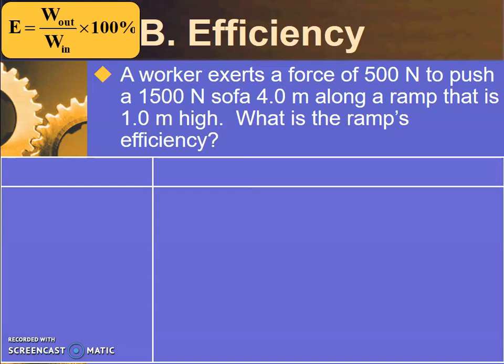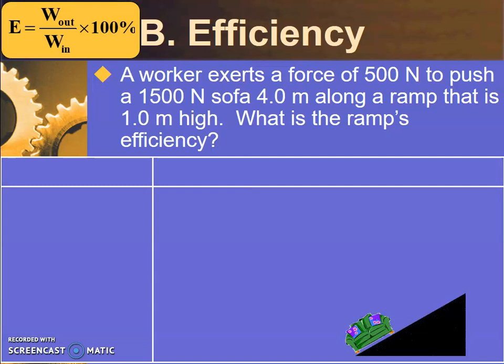A worker exerts a force of 500 newtons to push a 1500 newton sofa 4 meters along a ramp that is 1 meter high. What is the ramp's efficiency? All right, we have a lot of numbers in this problem, so let's see what we have here. So we have a ramp. We have a sofa that we're pushing up it. Okay.